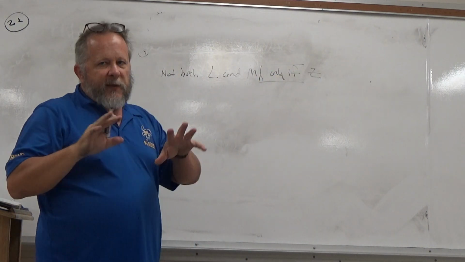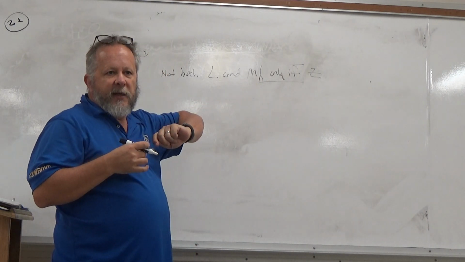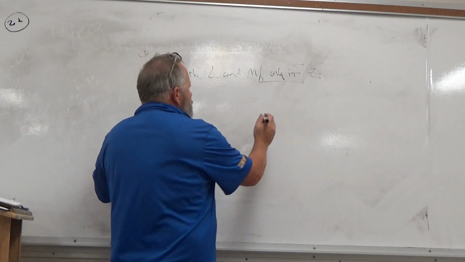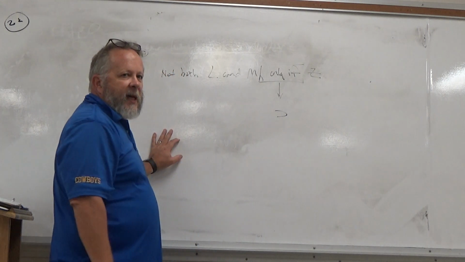We know only if is a logical operator, and the comma signals that this is the main logical operator, and we know only if is a conditional. So let me just write that down.